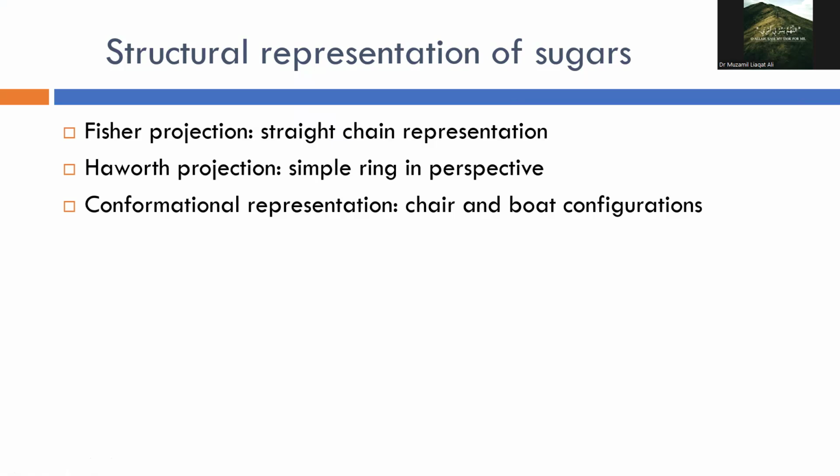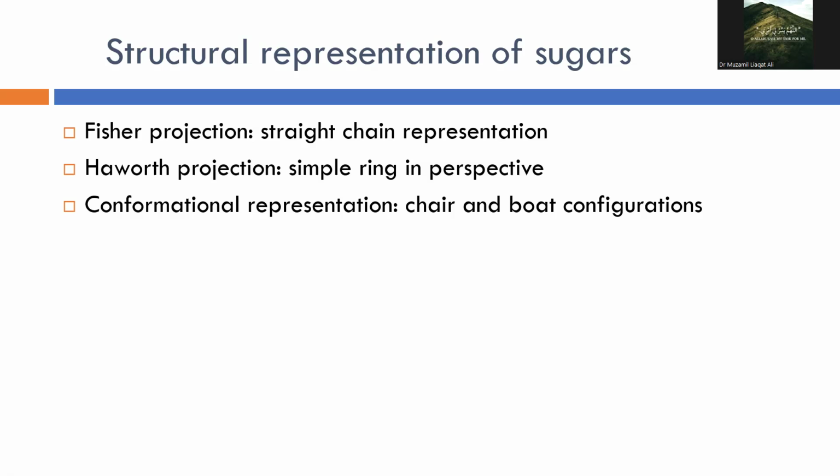So let's discuss the structural representation of sugars. Three major ways are used to depict sugar structures, each serving a distinct purpose. The very first one is the Fischer projection, that is the straight chain linear representation, ideal for showing dextro or levo configuration, and open chain aldoses or ketoses.